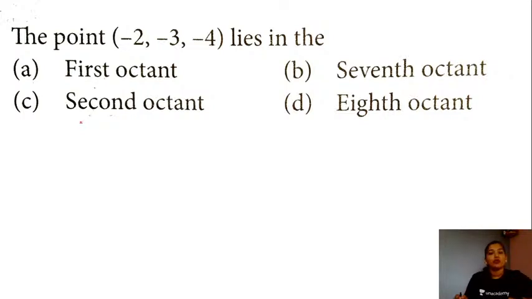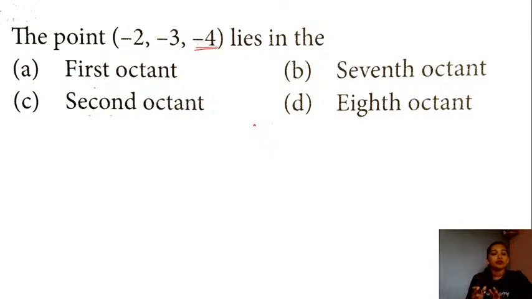First of all, when you look for the octants in which points lie, look at the coordinate for the z-axis. So here you have negative, -4. Based on this, you can decide if the given point lies in the first 4 octants or the next 4 octants. I did discuss the pattern with you all.